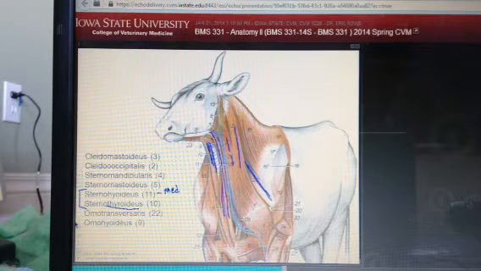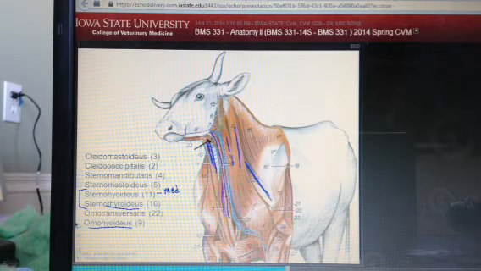We're going to look at a new muscle. This is a muscle you did not have in the carnivore, and this is the omohyoideus muscle. Unfortunately, in the ruminant, the name is going to lead you astray because the muscle itself, I'll point it out in black, right there.